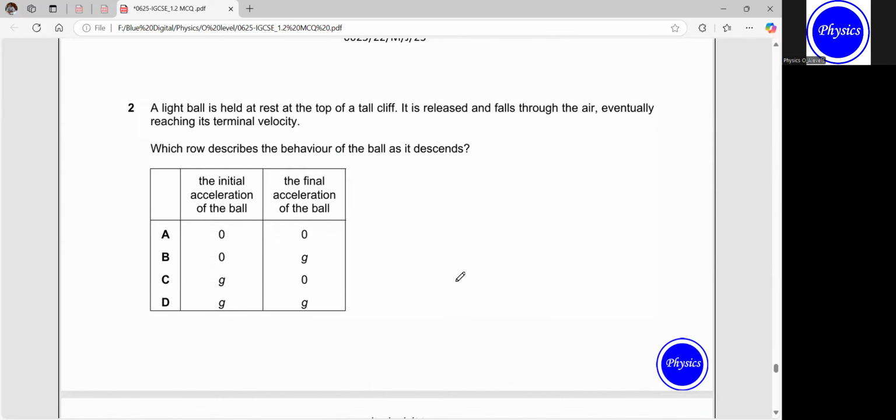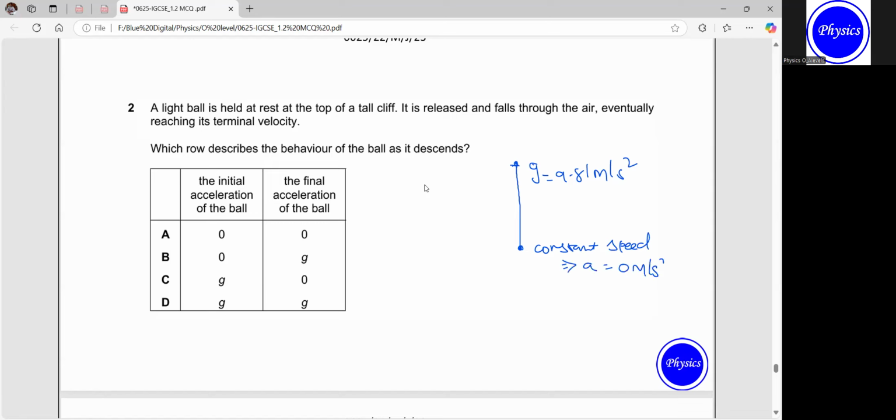Then eventually it reaches terminal velocity, which means constant speed. Constant speed means no acceleration. Constant speed gives you a equal to 0 meters per second squared.